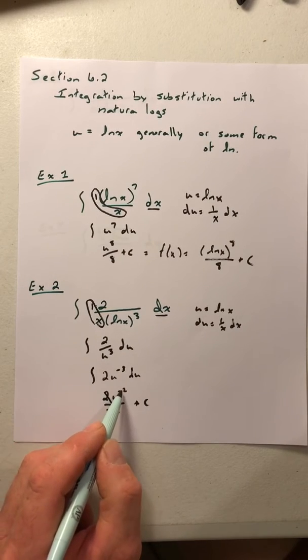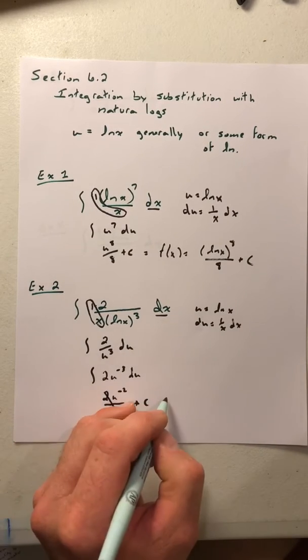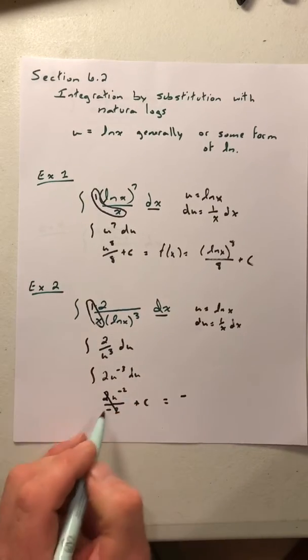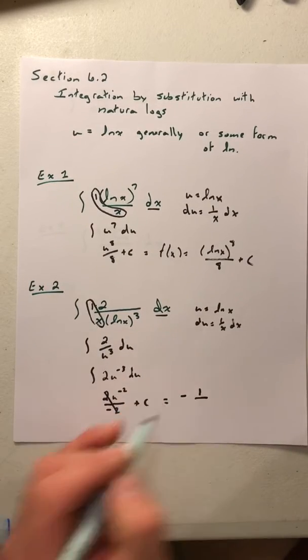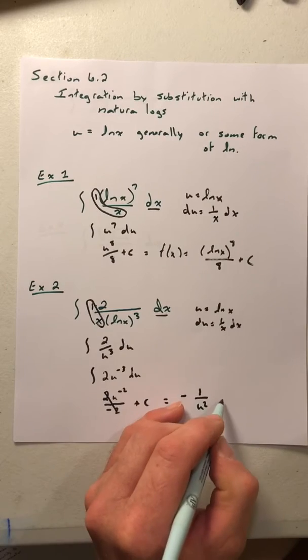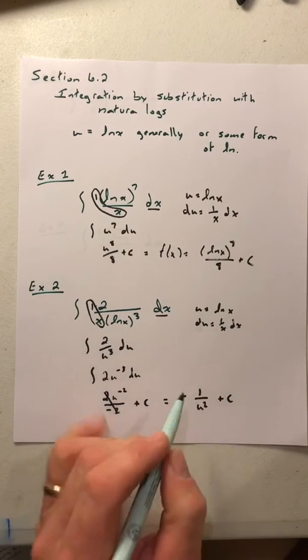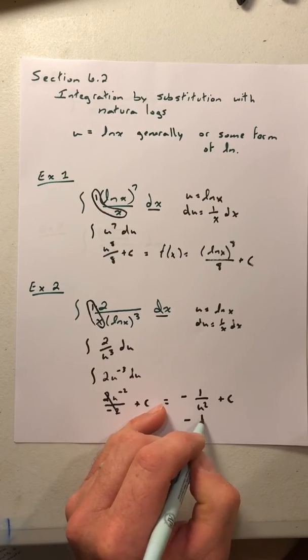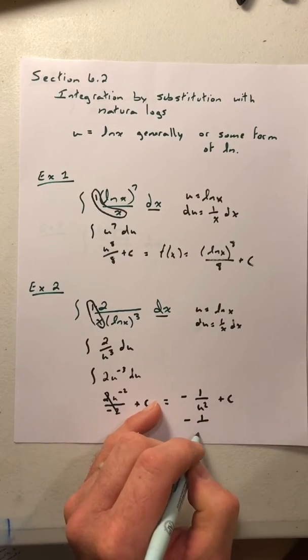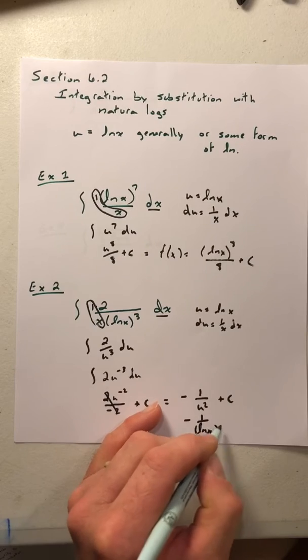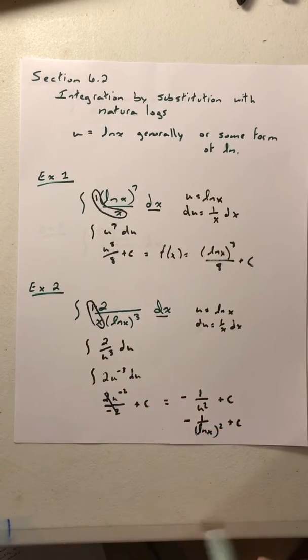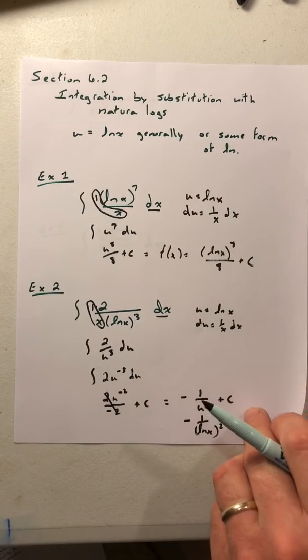And then we have u to the negative 2nd, we can bring to the bottom. So we get a negative 1 over u squared plus c. We can replace our u with the natural log of x. So the negative of 1 over the natural log of x quantity squared plus c. And that's our final answer.